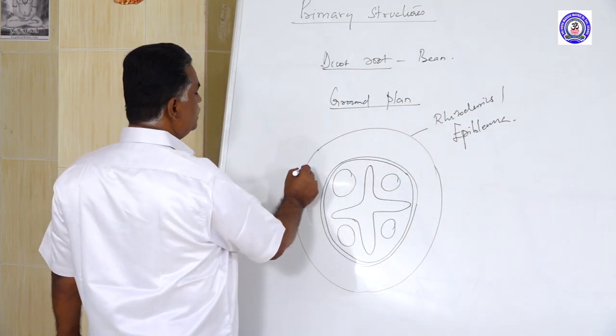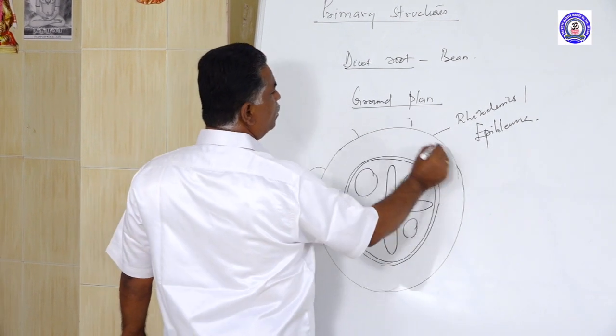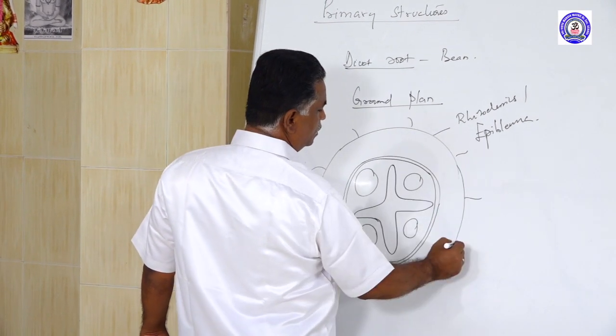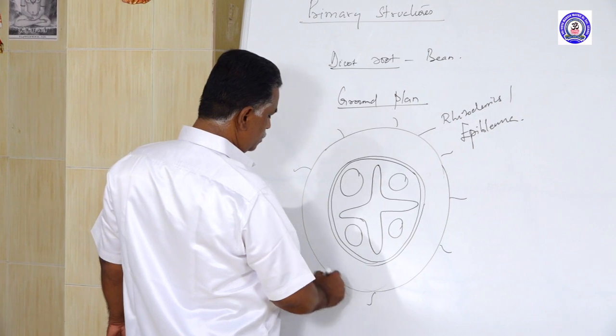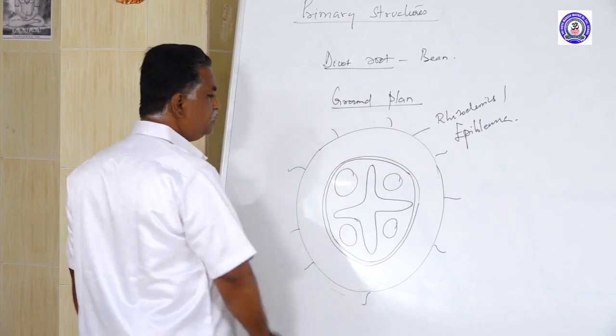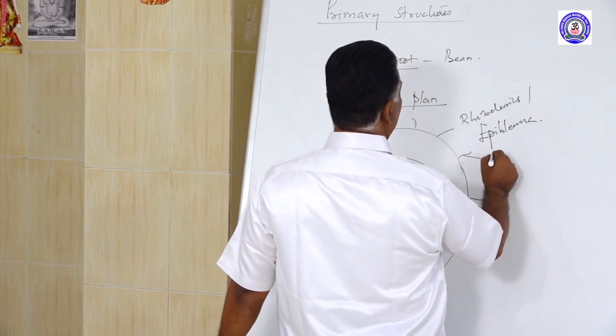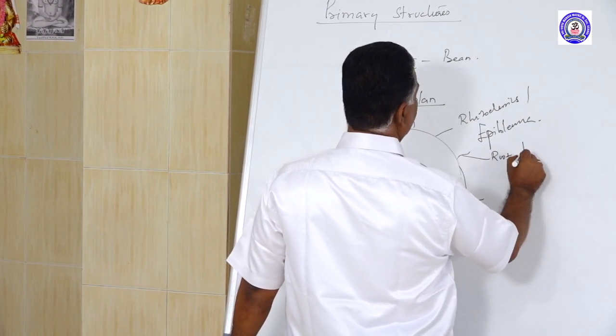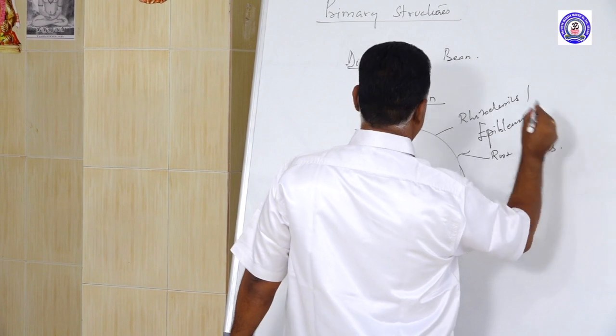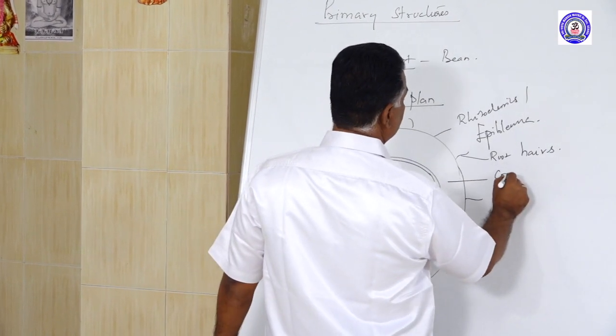So outside that there are outgrowths on the epidermis. They are called root hairs. This is cortex.